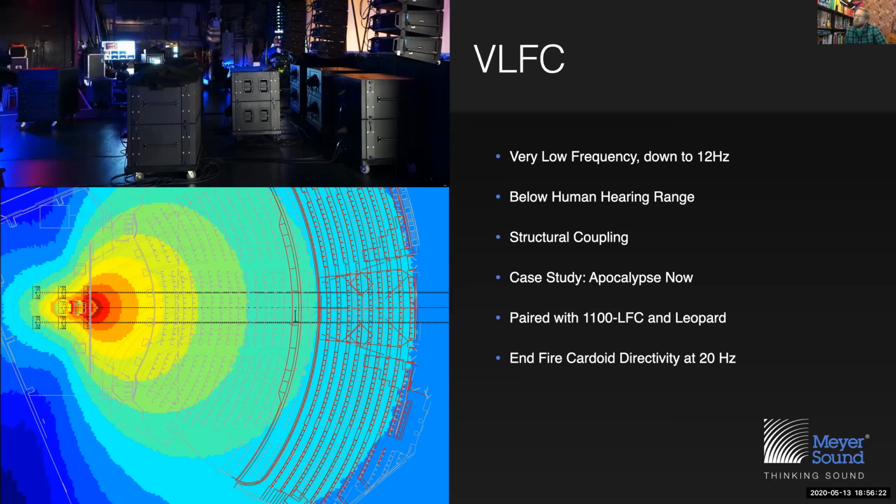So if we look at the lower image, that is a plan view of the Beacon Theater. And to talk about the subwoofer configuration for this one, it was a fun chance for me to apply pretty typical PA subwoofer applications into a cinema context to try to maximize the deployment of the system, to specifically not energize the rear of the stage house, because that's not a factor in exhibition cinema.